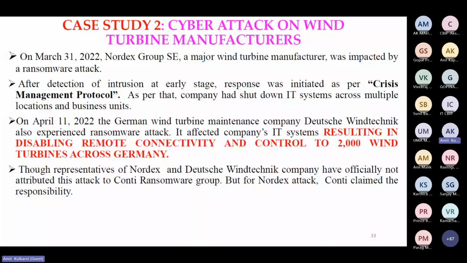So what immediate step the manufacturers took, as per crisis management protocol they had at that time, was to shut all the IT systems across multiple locations and multiple business units across Germany. So they disconnected all the IT systems, IT supports from their physical systems. So out of cyber physical, cyber has gone, only physical system remain.